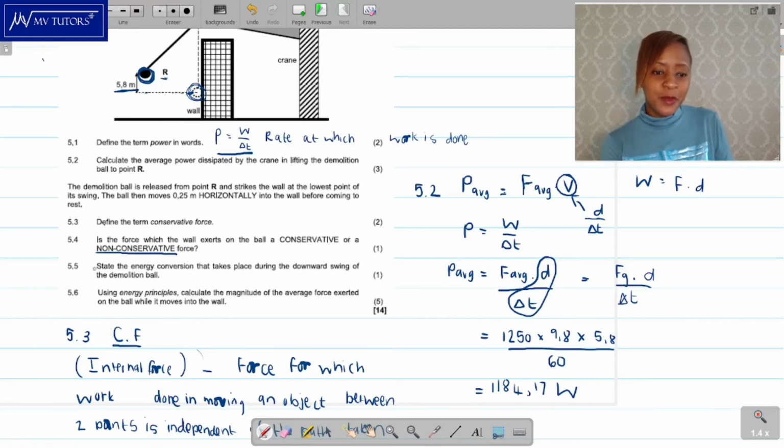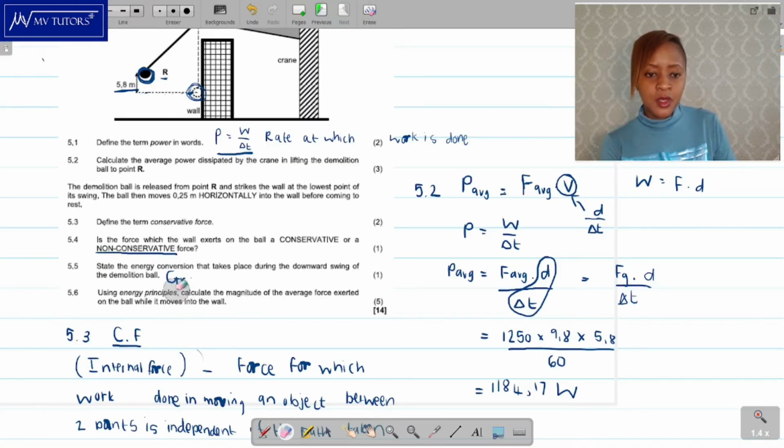Cool. 5.5. State the energy conversion that takes place during the downward swing of the demolition ball. I've just spoken about it. We're talking about energy here, not forces.